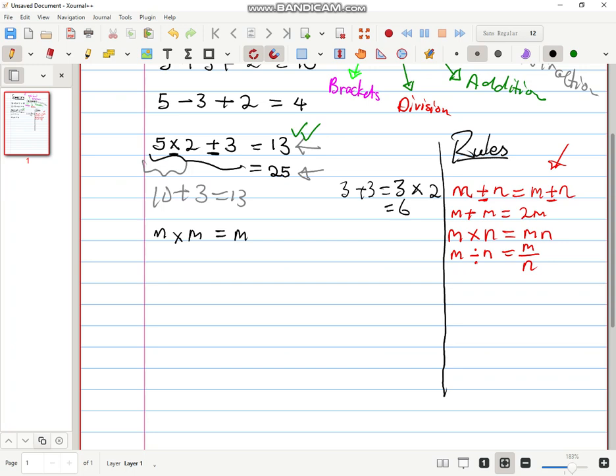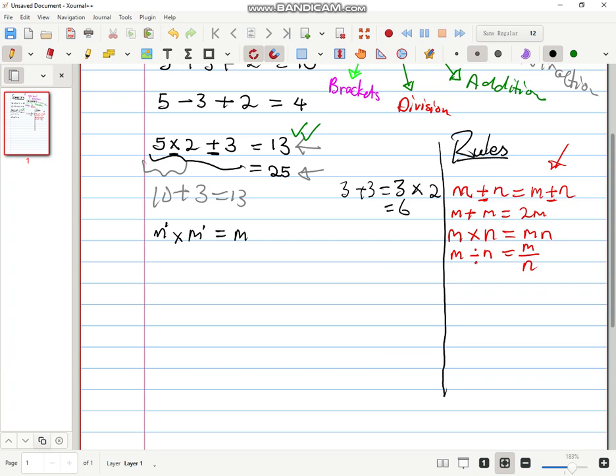In mathematics, everything has an invisible 1 here, right? If it's 3, it has an invisible 1 here. This simply means it's 3 times 1, which is the same as 3, right? So we will get to the laws of exponents as time goes by, but for now just put that in mind, that there is an invisible 1 there.